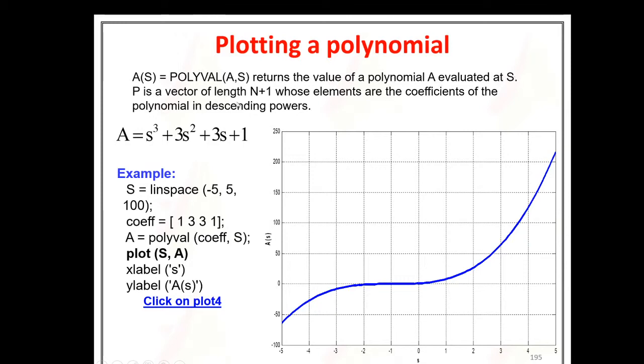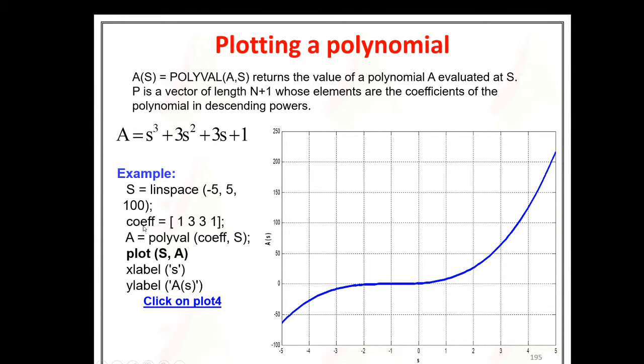P is the vector of length n plus 1 whose elements are the coefficients of the polynomial in descending power. So s equal to linspace of minus 5 comma 5, divided into 100 equal parts. The coefficients are 1, 3, 3, 1.